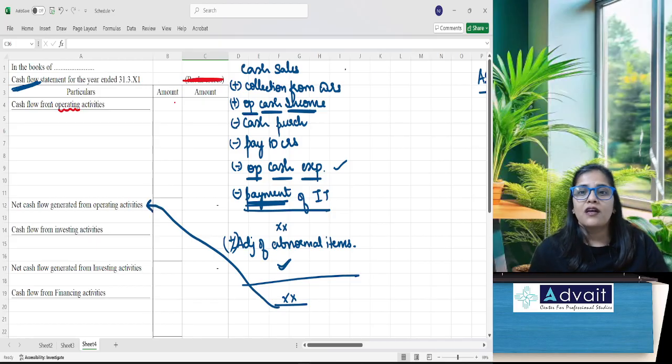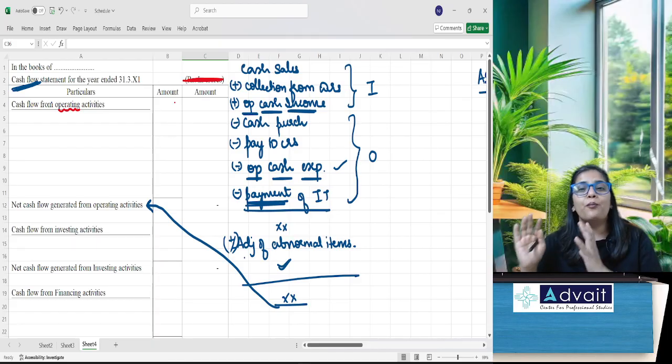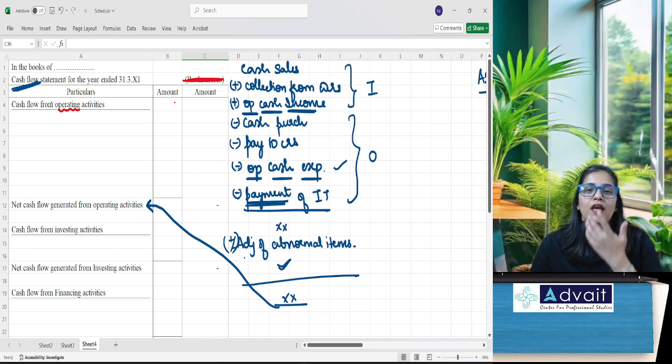So these are your inflows, and these are your outflows. Inflows minus the outflows will give you your net cash flow generated from operating activity. Now, similarly, let's say there was a fire in your business and your machinery was burnt. So the insurance company gave you money for the machinery.